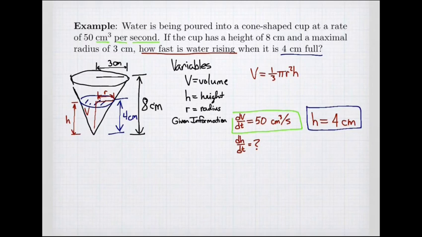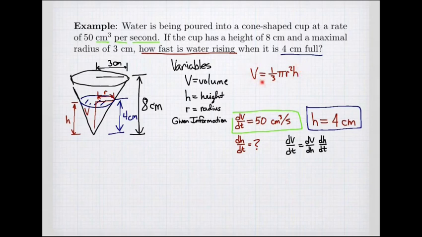Now the chain rule gives us a relationship between rates of change. It tells us that the rate of change of volume is equal to the derivative of volume with respect to height times the derivative of height with respect to time. And so if I could find the rate of change of volume with respect to height, I would be able to solve this using simply my chain rule.